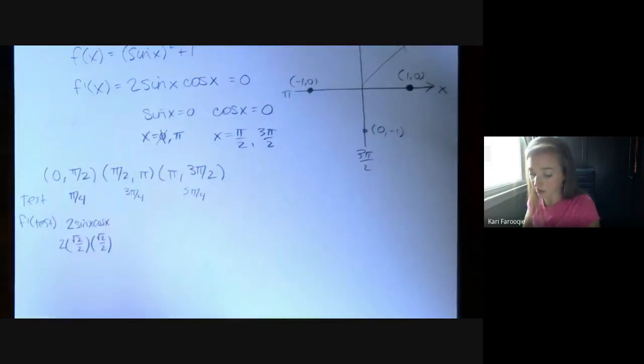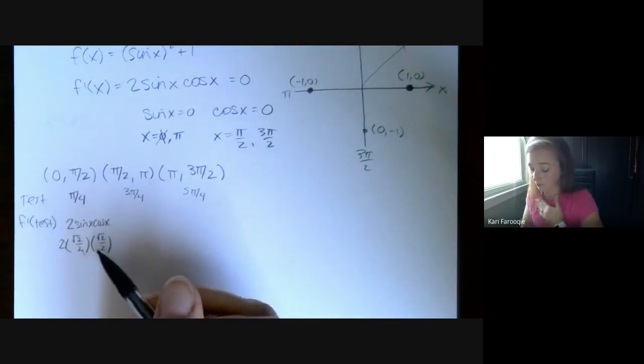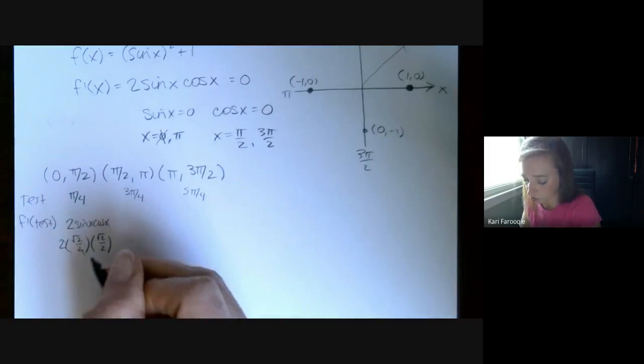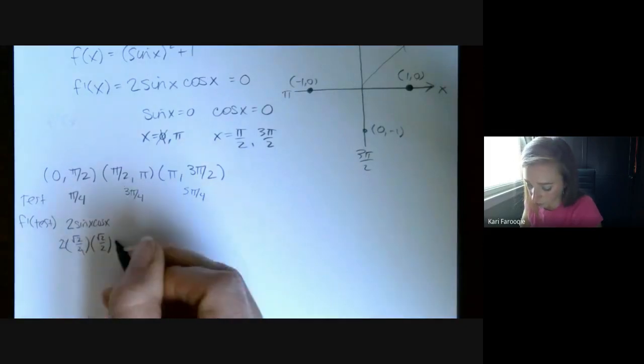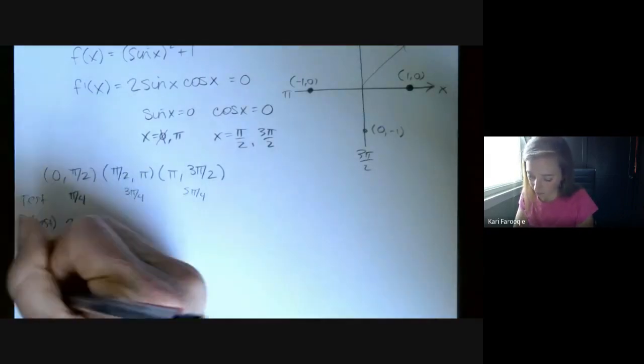And they're both positive in quadrant 1. So these 2's are going to cancel, and then you have root 2 times root 2, which is just 2, divided by 2, which equals 1. It doesn't even matter what it equals. All you need to know is that it's positive.